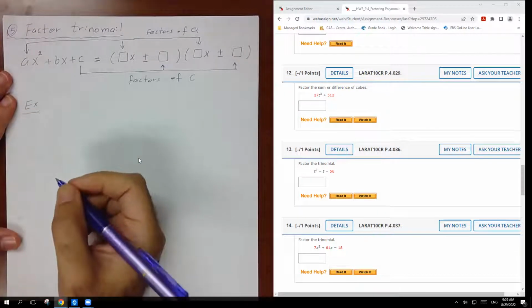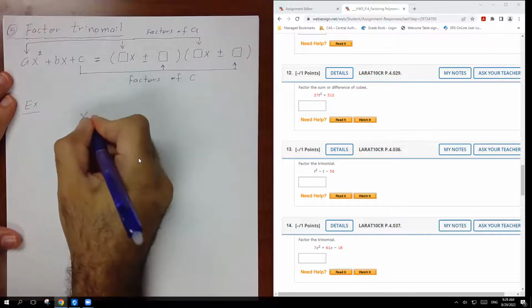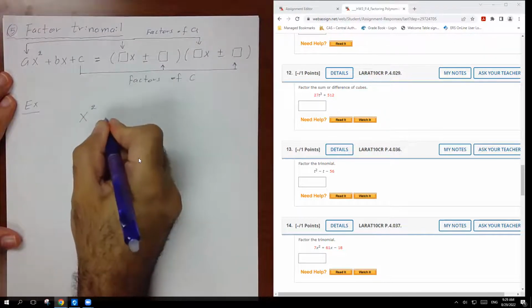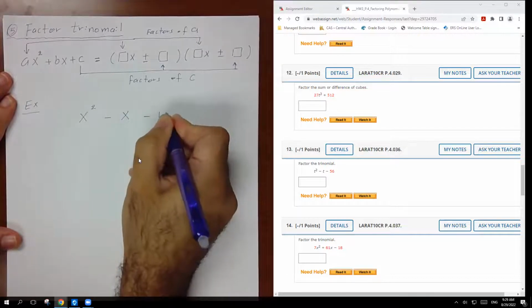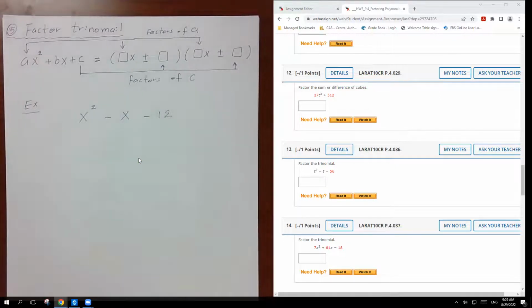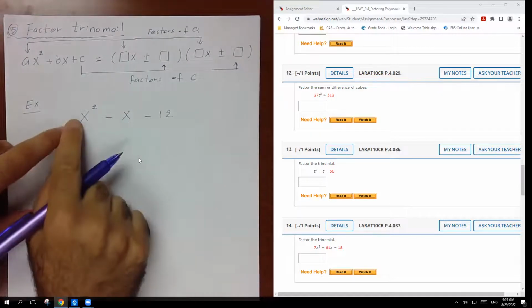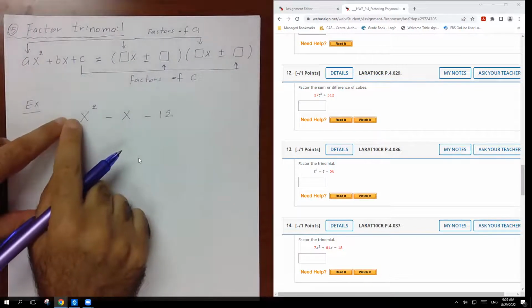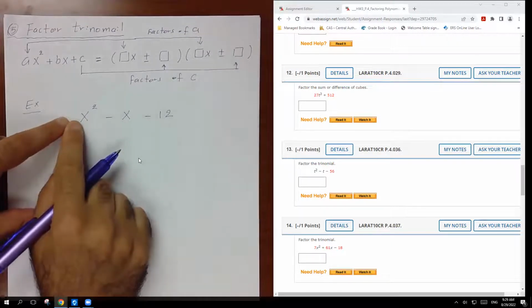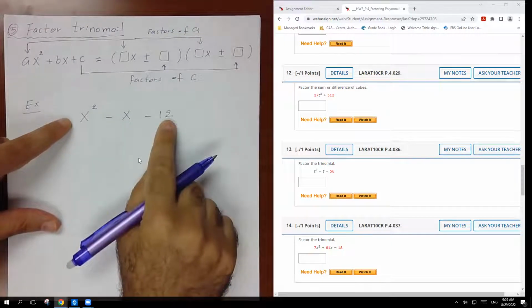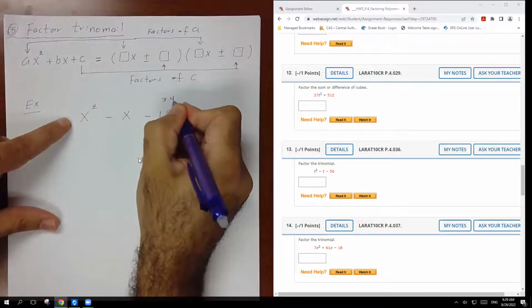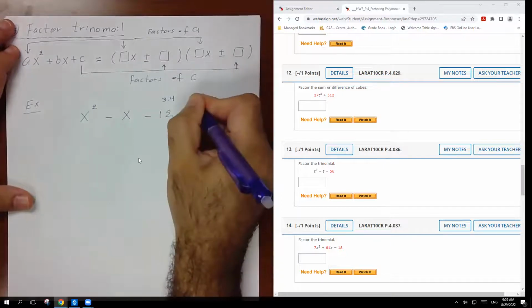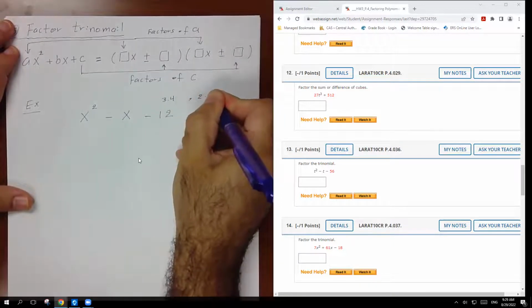If we have x squared minus x minus 12. So the first thing, a is 1. That means the factors of 1 is 1, 1. So it's not going to change anything. The factors of 12 is 3, 4. Or I can choose 2 times 6.